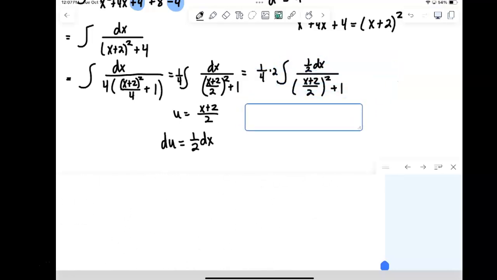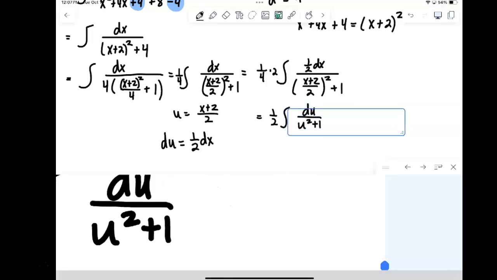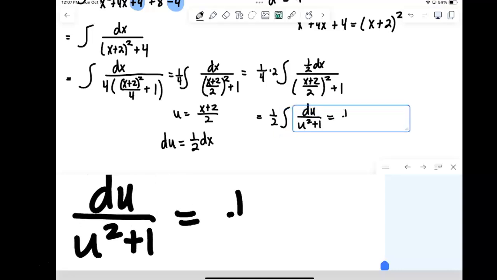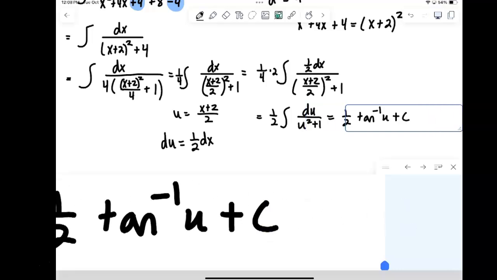And now we can let the substitution go through. So simplifying on the outside, it'll be a 1/2. This will be du over u squared plus 1, which is the inverse tangent function of u plus a constant.